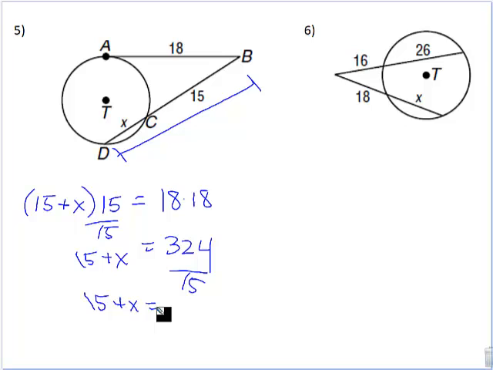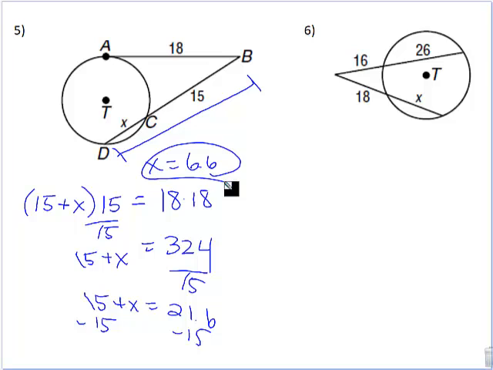What is that? 21.6. And then how would we get our x alone? Minus the 15. So x is 6.6.